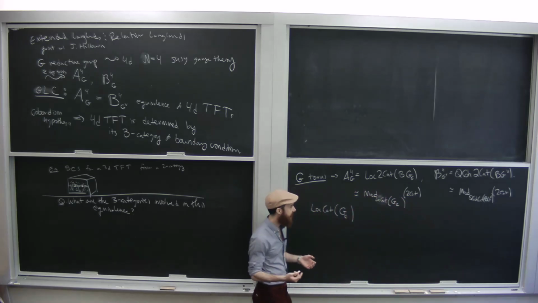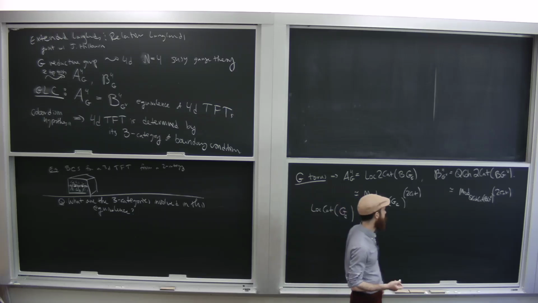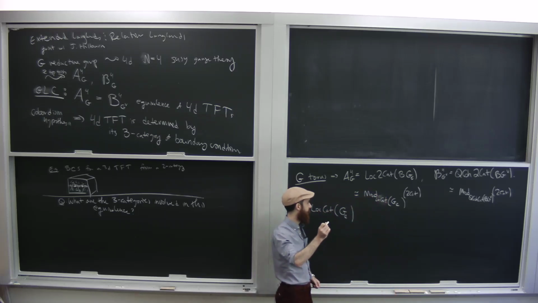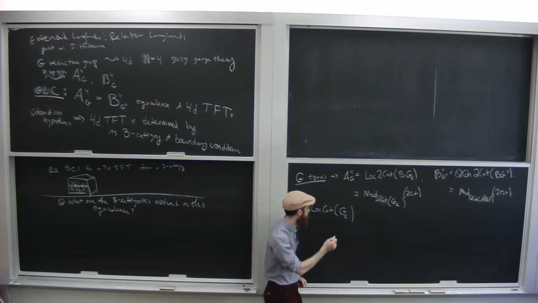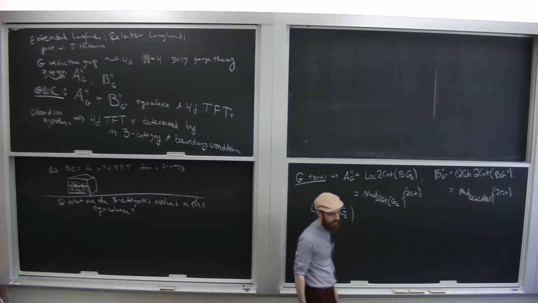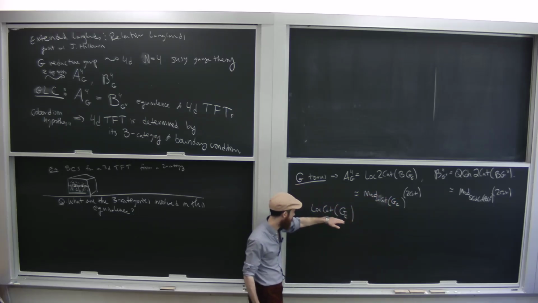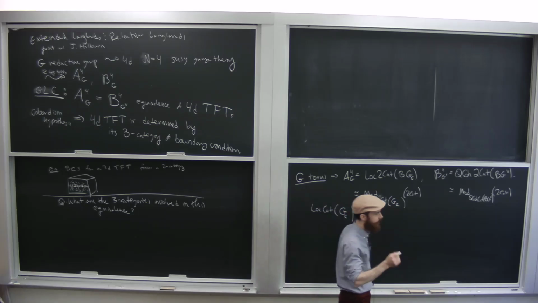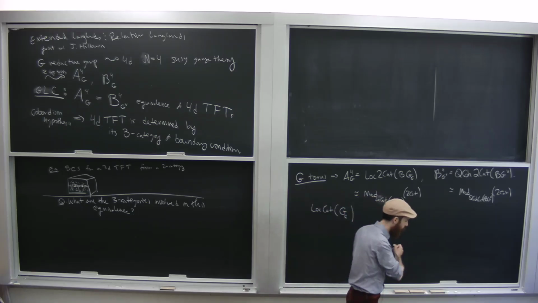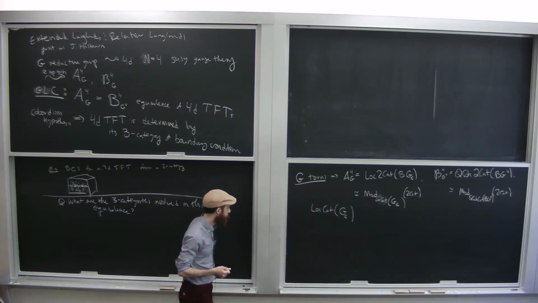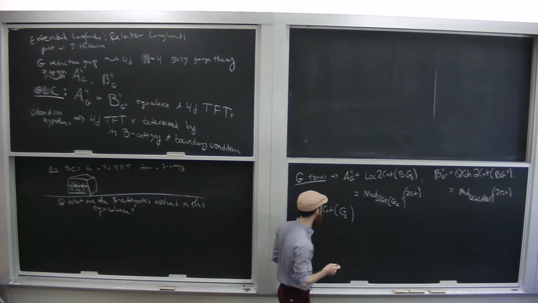So a local system of anything on a K pi 1 is just whatever your fiber is, together with the fundamental group acting as automorphisms of it. So a local system of anything on a one-dimensional torus would be that thing together with one automorphism coming from the monodromy around the circle. So a category with an automorphism.